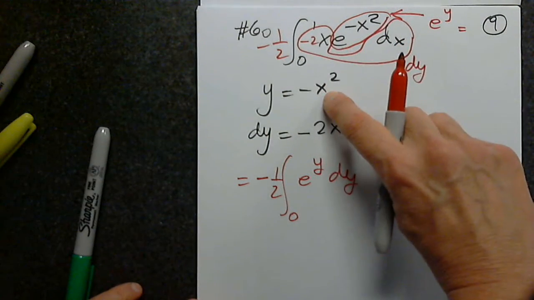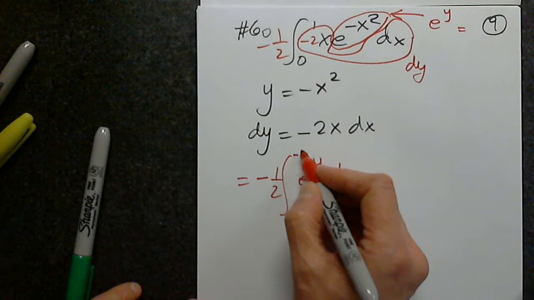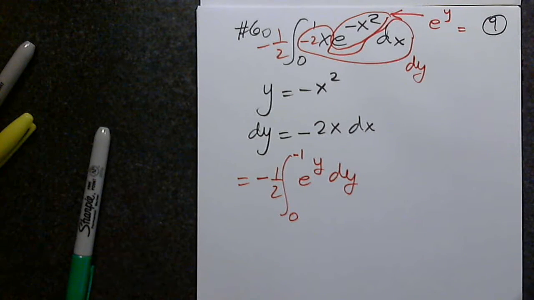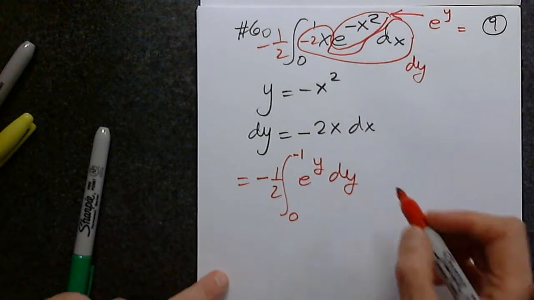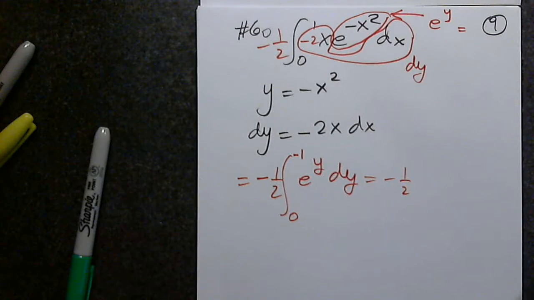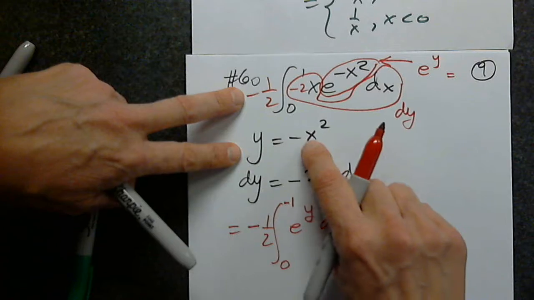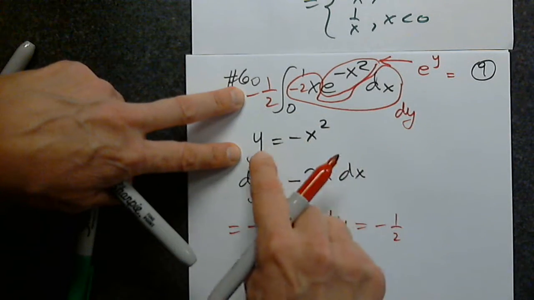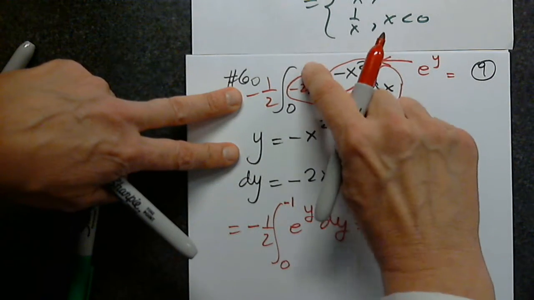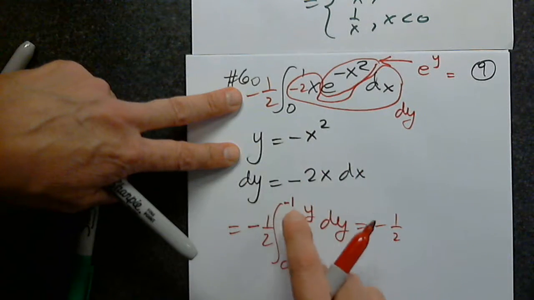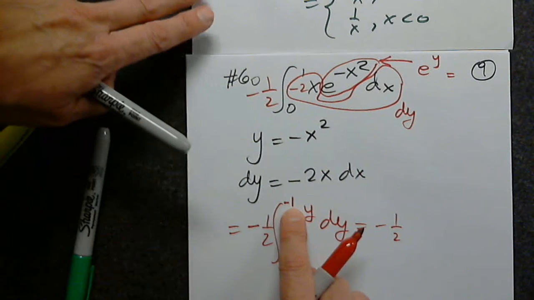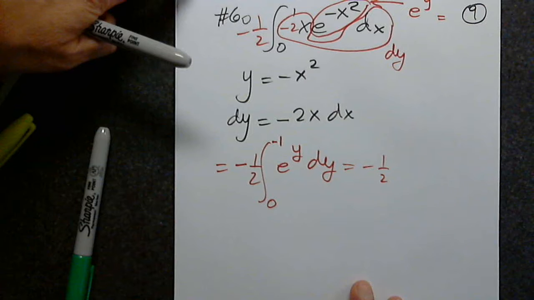When x is 1, good. So we have a negative 1/2 in front. When x is 0, y is 0. When x is 1, y is negative 1. Better? But you don't want to flip it, correct?